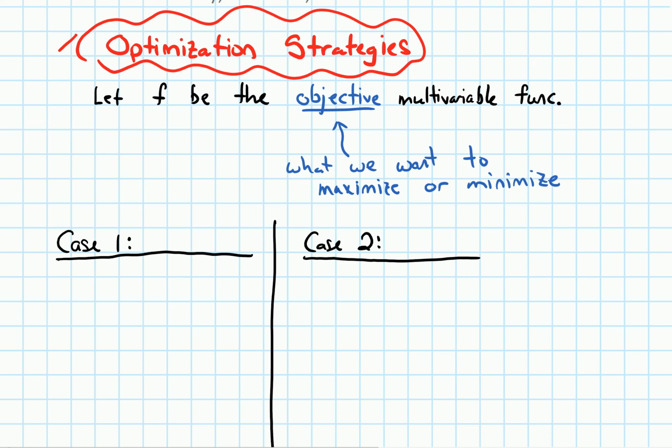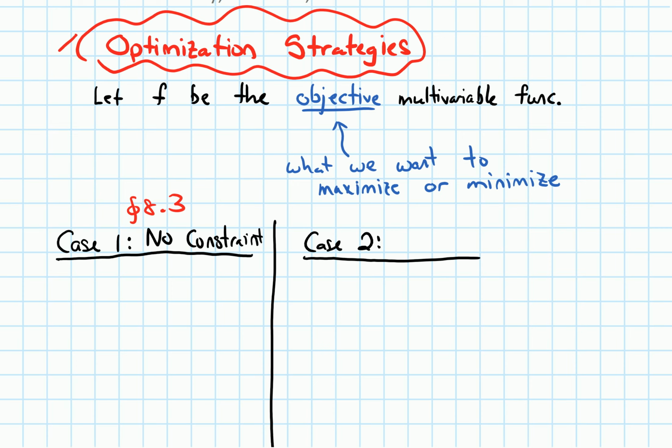So there are two types of optimization problems, max-min problems, that we've looked at. The first case was when we just had a function given and no constraint. So this was section 8.3.